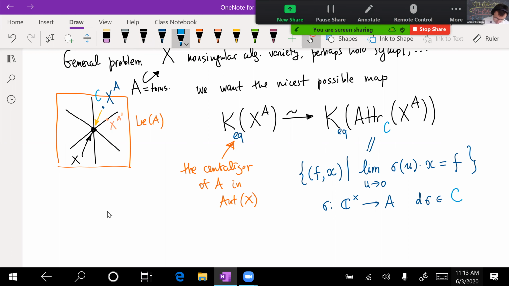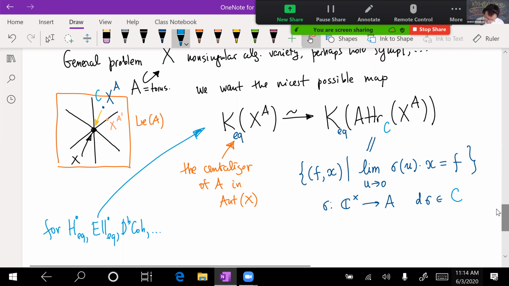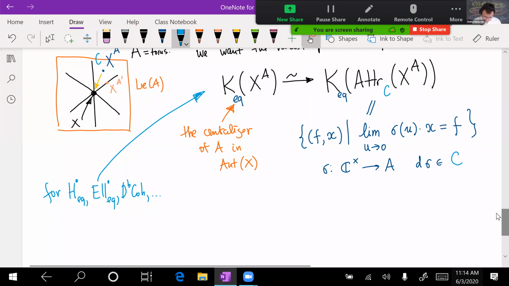Of course, this is not just for K-theory. We would like it for ordinary equivariant cohomology, for equivariant elliptic cohomology, and so forth. You can also do de Rham cohomology. So in principle, you can study this in many contexts. And so what was special about the examples we considered before?